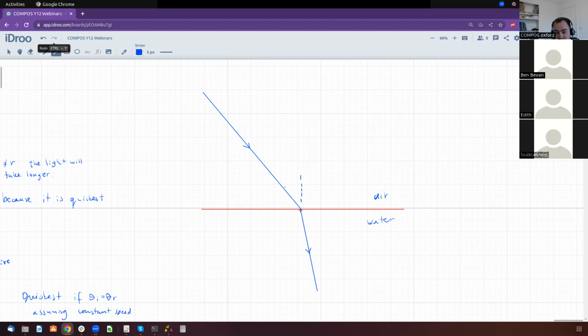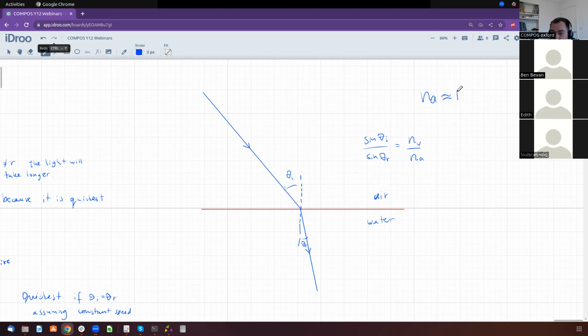And we know Snell's law, which says that sine of the angle of incidence divided by sine of the angle of refraction is equal to the refractive index of water divided by the refractive index of air. But the refractive index of air is very close to 1.